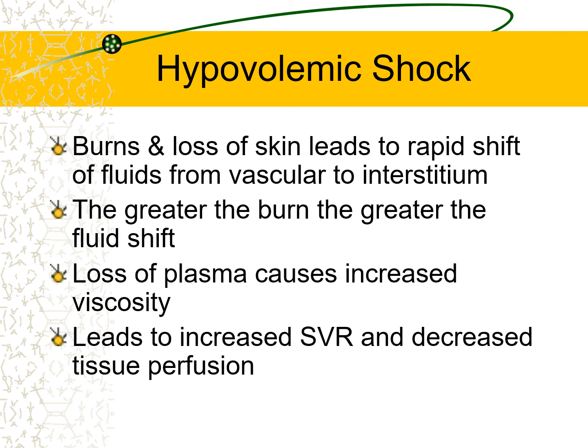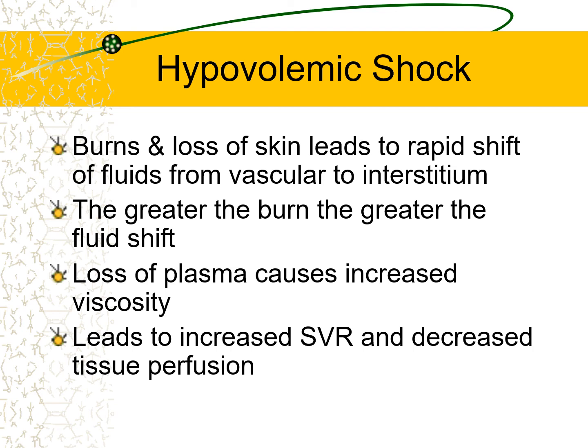Okay, this slide talks about major burns as an example of hypovolemic shock. We will cover this in more detail when we talk about burns, but I will address it briefly here. Sometimes hypovolemic shock, when it's related to major burns, is called burn shock.